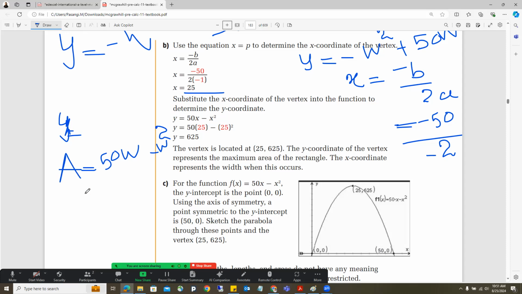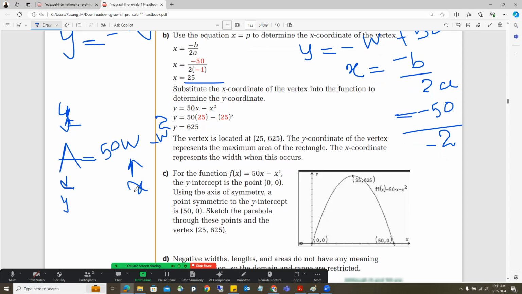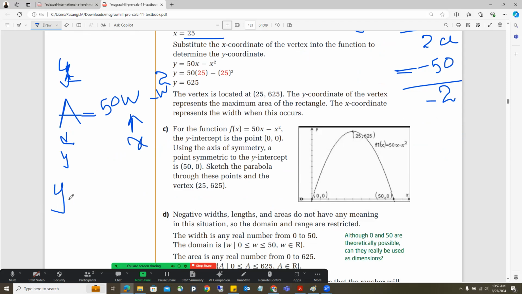If I convert this into x's and y's, A means y and W means x. Then the proper equation will be y equals minus x squared plus 50x. This is the given equation with x's and y's.